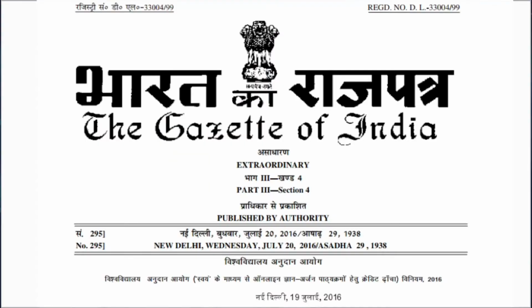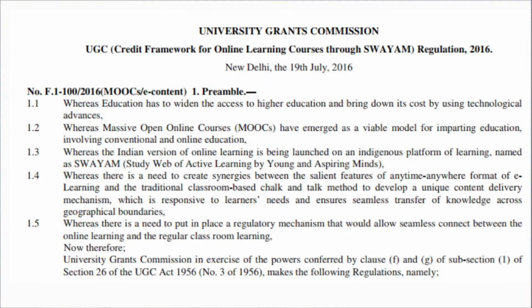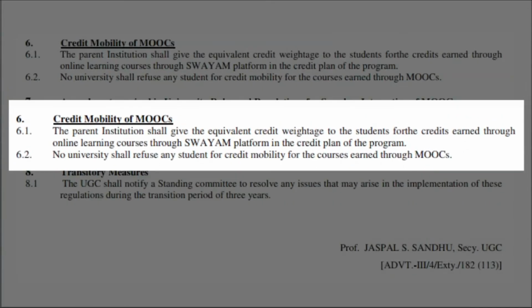University Grants Commission has already issued the UGC Credit Framework for online learning courses through Swayam Regulation 2016, advising the universities to identify courses where credit can be transferred onto the academic record of the students for courses done on Swayam. Swayam is the only portal which facilitates credit mobility between the parent university and the host university.